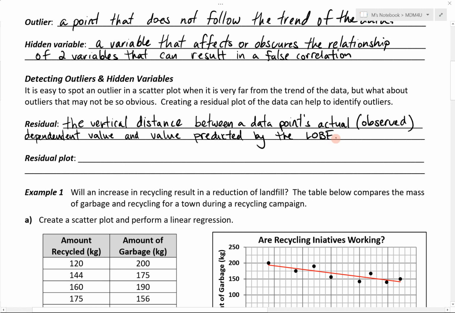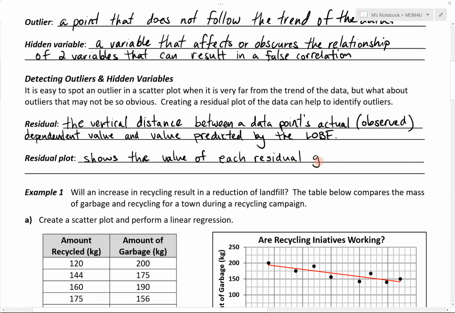And the residual plot itself shows the value of each residual, because your data has many different points. Each of those points is going to have its own residual.